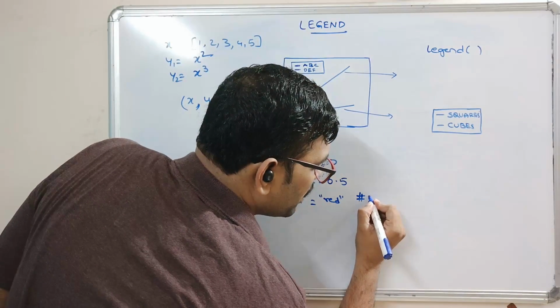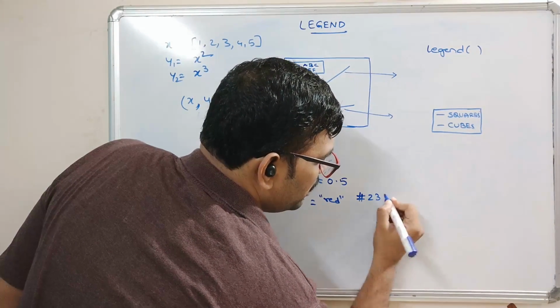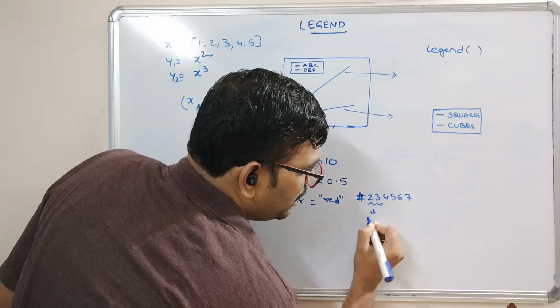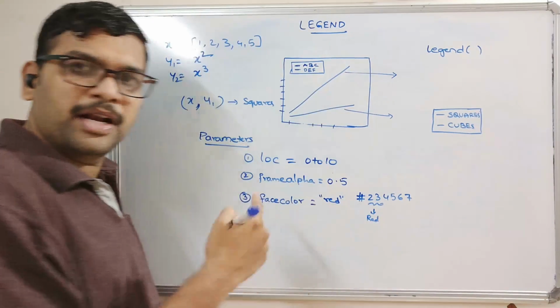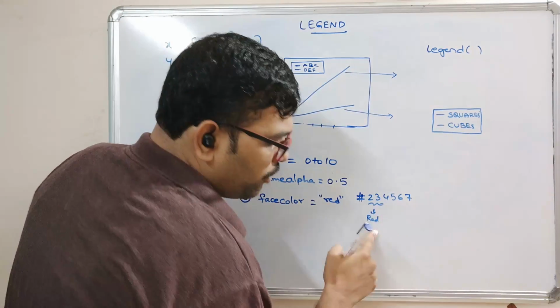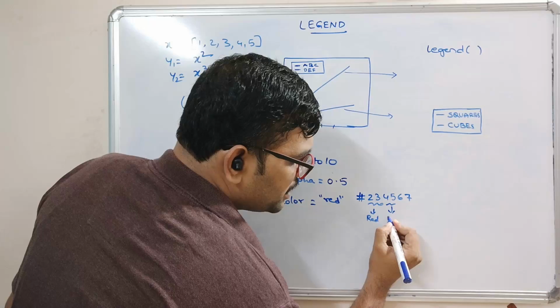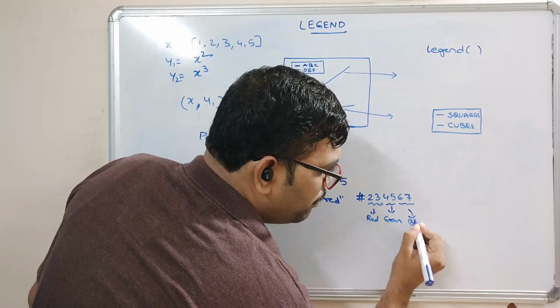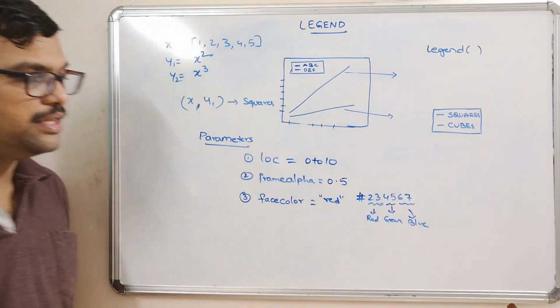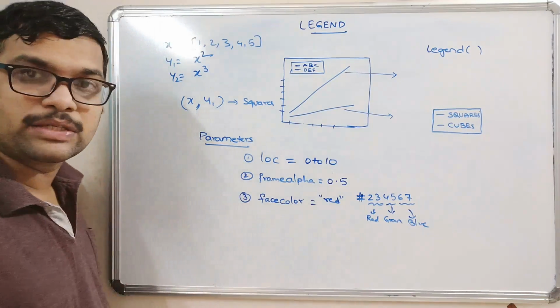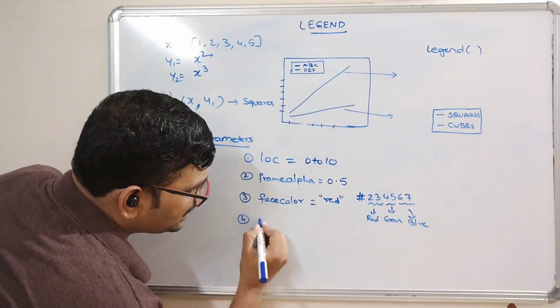So I will give some 2, 3, 4, 5, 6, 7. These 2 represent the shade of red, the next 2 represent the shade of green, and the next 2 represent the shade of blue. So the combination of these 3 things will give a color for the face. And the next one is the edge color.